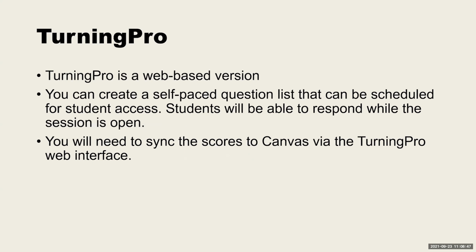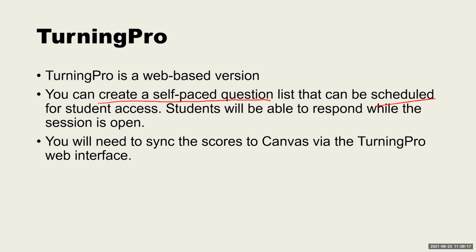With that, our Turning system does have an option. Their web-based version is called Turning Pro. It's completely web-based, and with it, you can create self-paced question lists that can be scheduled for student access. And then the students, if they've got the app on their phone, will actually get a notification on their phone saying, hey, this quiz is open.